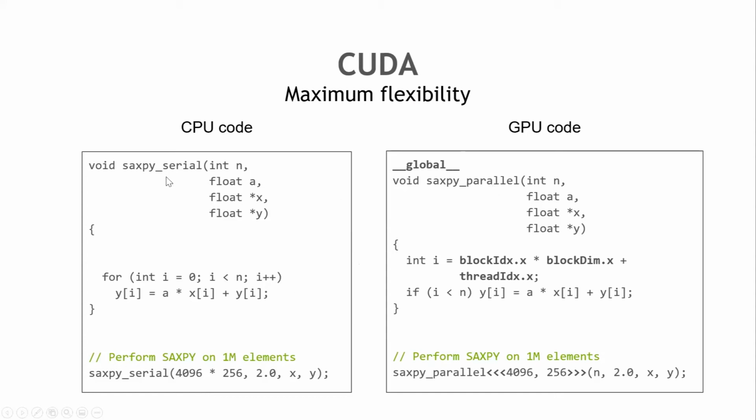Here we see that translating a CPU SAXPY to a SAXPY running on the GPU is very easy. You replace the loop by identifying your place on the grid, and you run the computation. The core of the CUDA kernel is a little bit different. It's similar to C++ code, but that's the only difference.